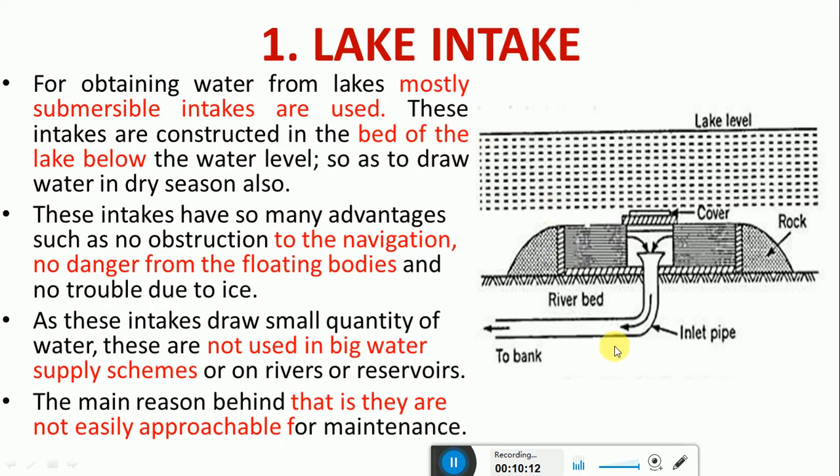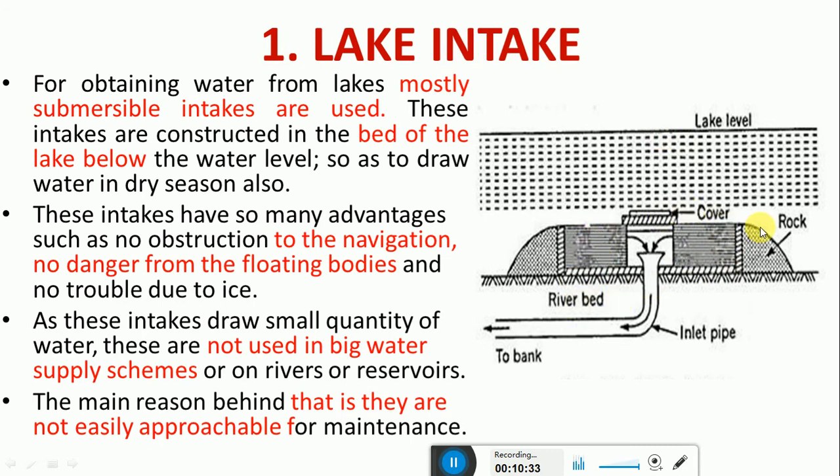So these are the details of the lake intake. A lake is a constant steady state water body. The lake intake structures are usually constructed in the bed of the lake. This is the lake water level, and the intake structure is submerged here.